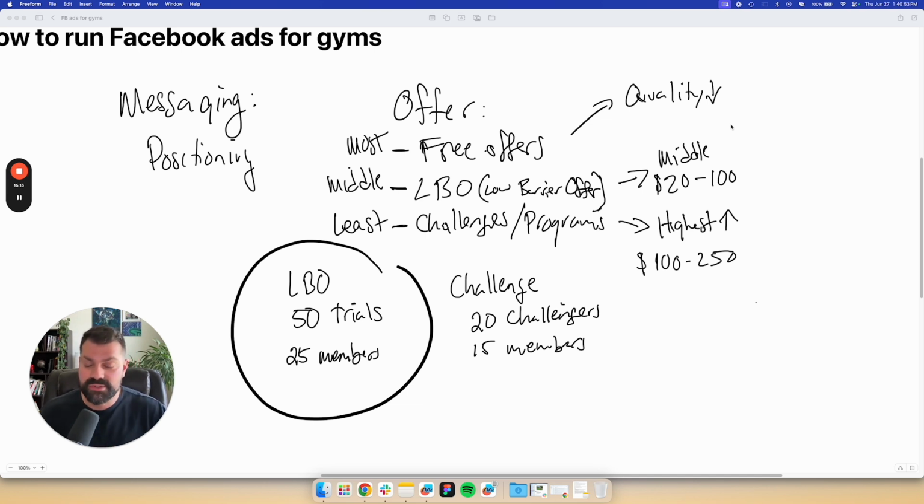It doesn't actually mean you're signing up more members. And although the low barrier offer conversion to membership is lower, you're actually still signing up more members and you're making more money in the long run, right? So we just kind of have to think about these things and work them out and see what actually produces the most amount of members at the end of the day, not just trials.